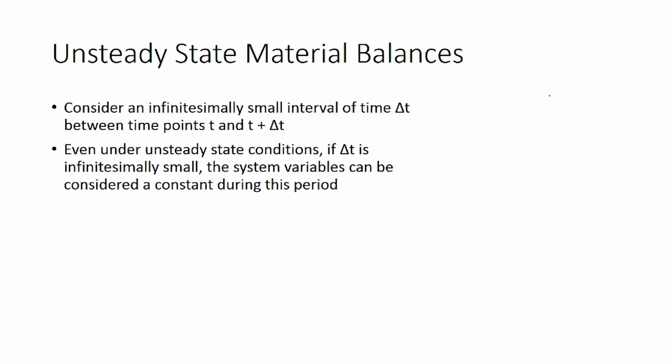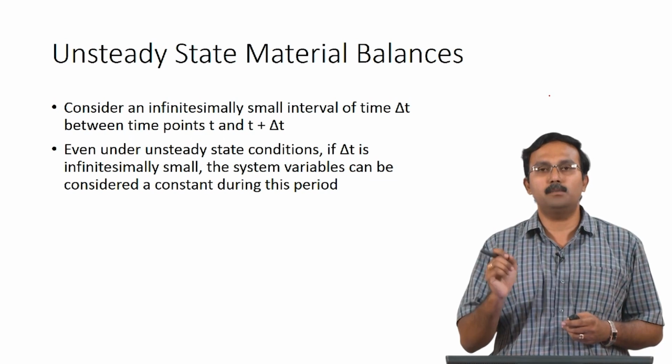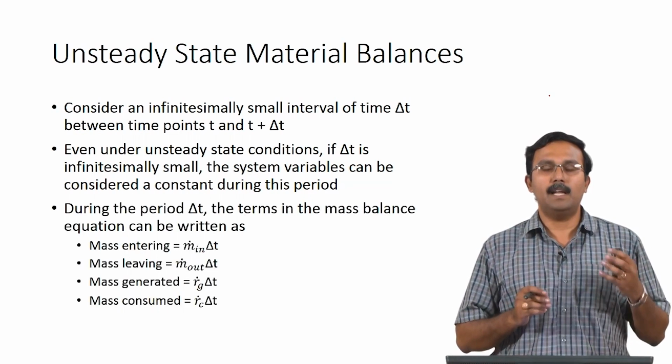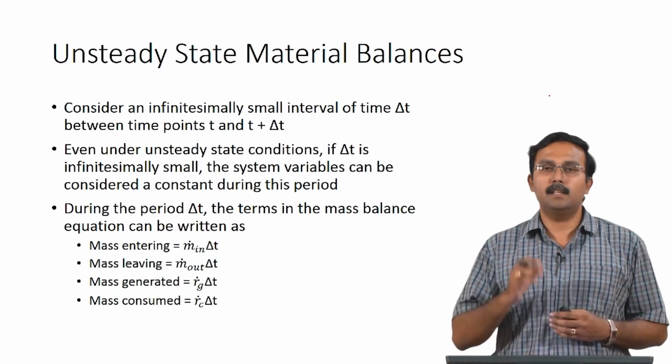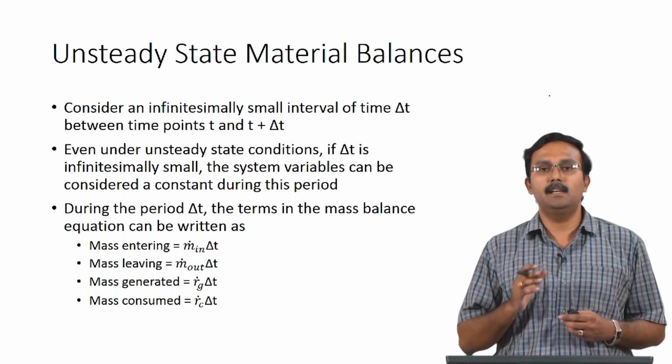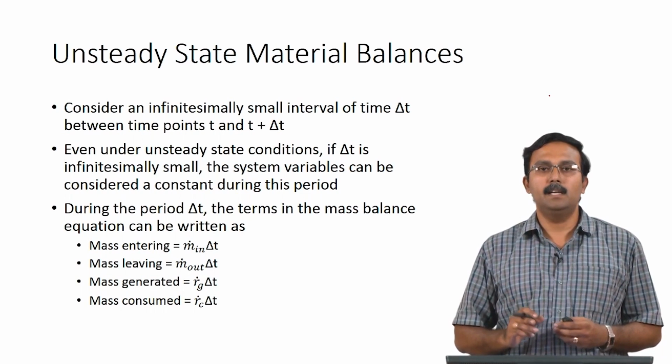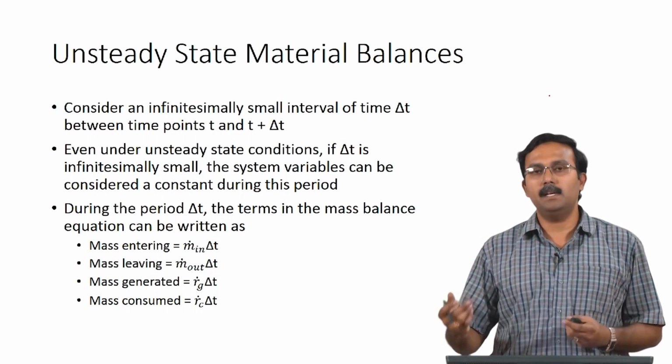So even for an unsteady state process, we can assume constant system variables for very small time periods. Using that, we would be able to calculate the mass entering, mass leaving, mass generated, mass consumed within this time period as the rates times the time.